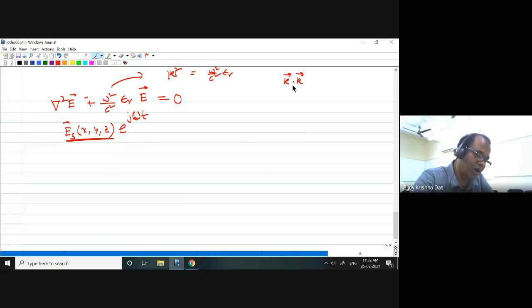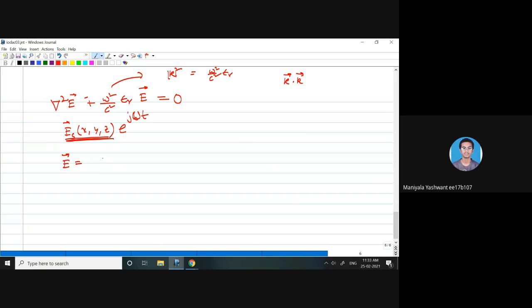So if I try to solve this and incorporate the k vector into our plane wave solutions, what would be the modified equation? Anyone? E can be written as E to the power j omega t plus k bar dot r bar.